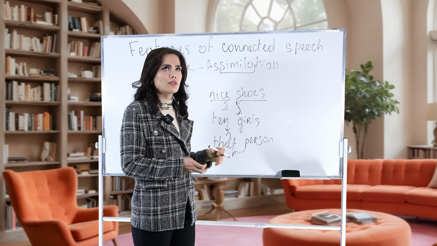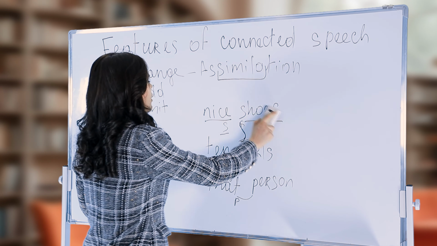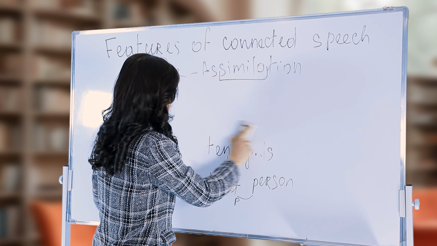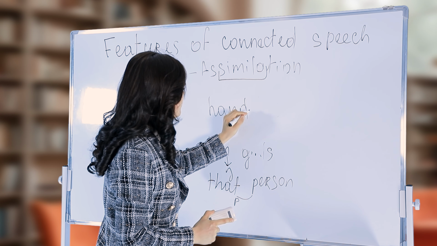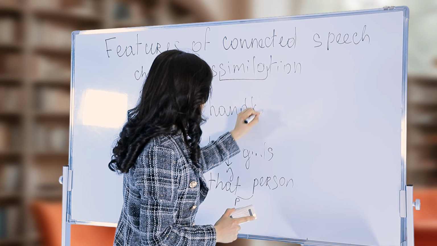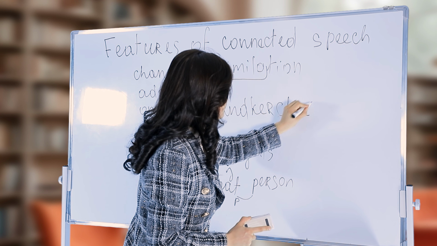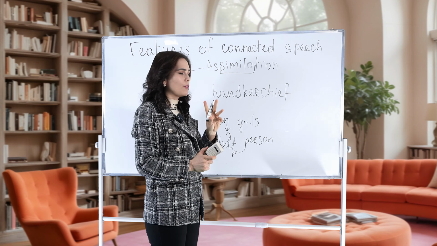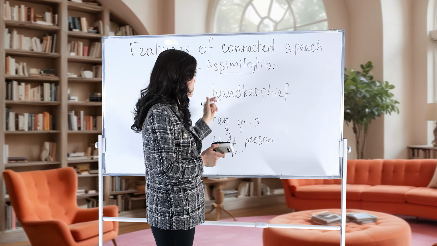Let's talk about within words. For example, handkerchief. Here you can see two types of features of connected speech, but we're talking about assimilation, the first one.